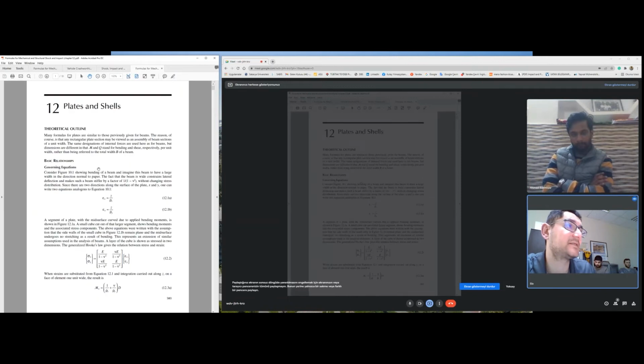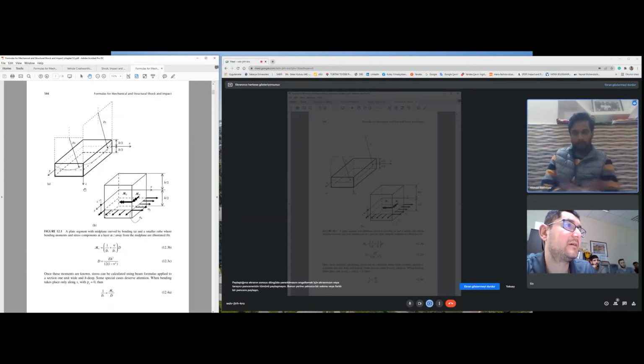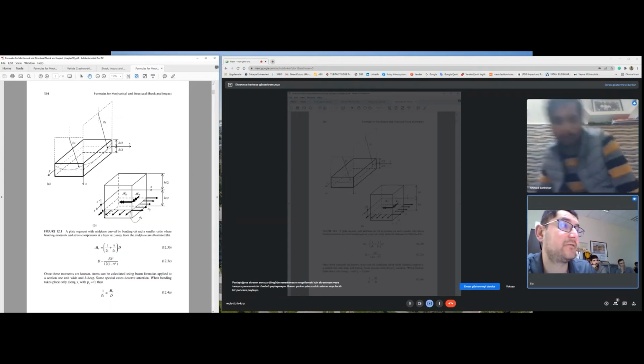Plates and shells. This one also is important. Look at here. This is a stress-strain relationship. General deformation. You can give some info.